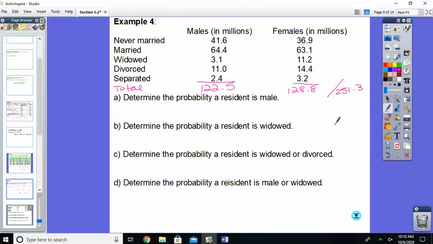Okay. So the probability of being male, am I going to have any overlap here? Do I have to do anything weird or add up anything? It's just your number of males divided by our total. And we get 0.4875.